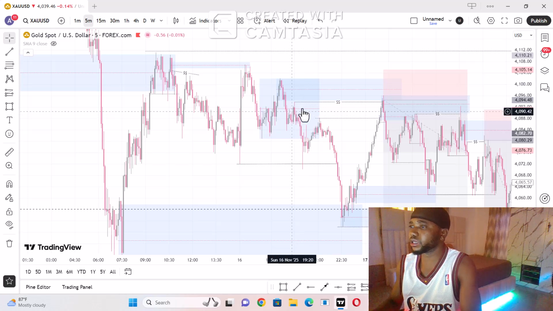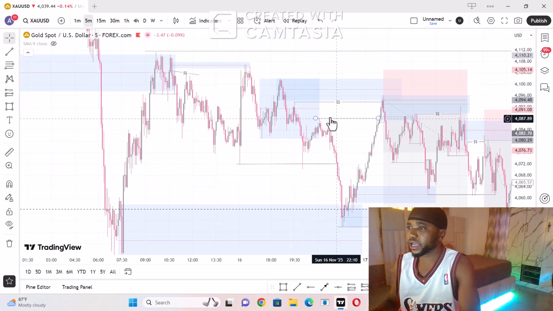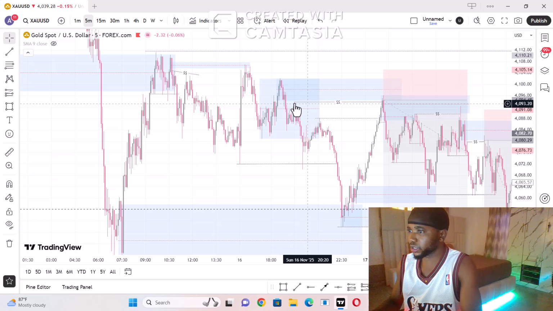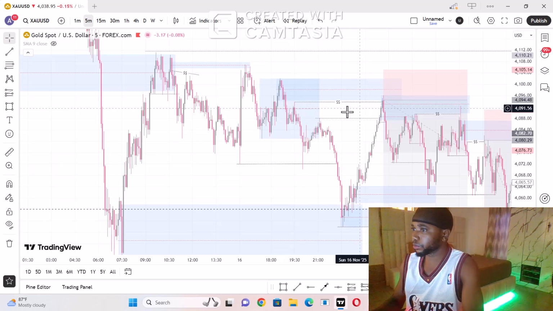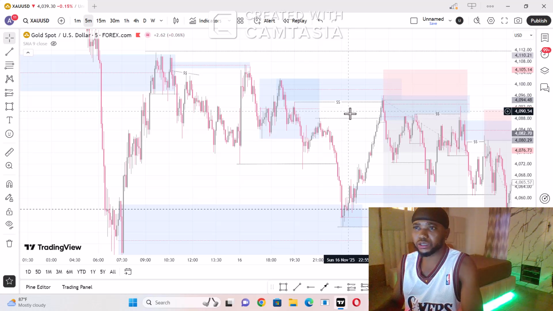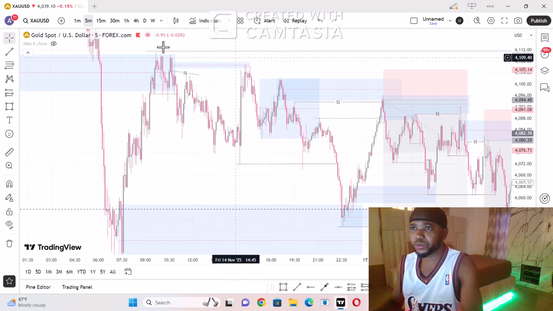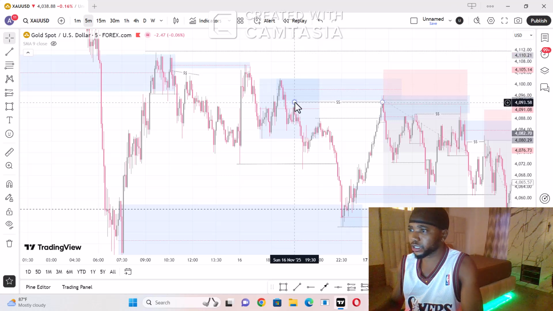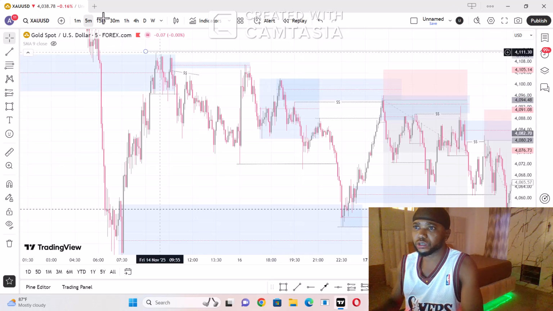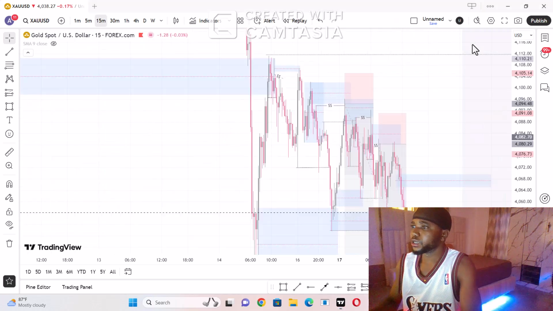I have to take this area as a liquidity as well, because the market might take it out. I'm not pretty sure about that, but I was like, the market will take this out. I think I figured out my order block in 15 minutes. That's why I figured out this area as a liquidity as well. Let me show you.